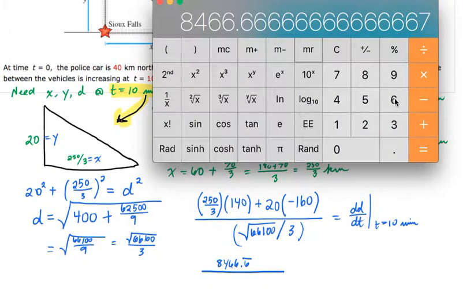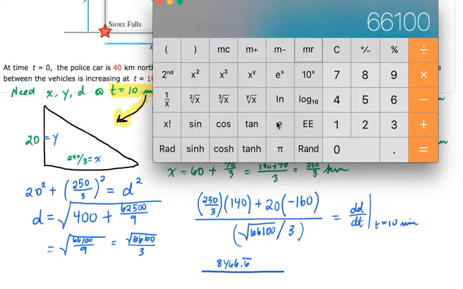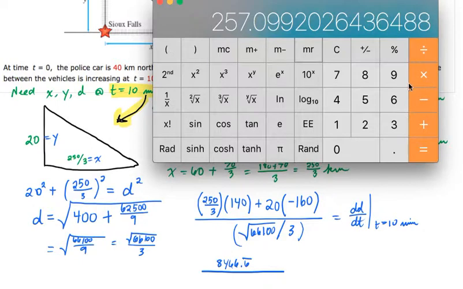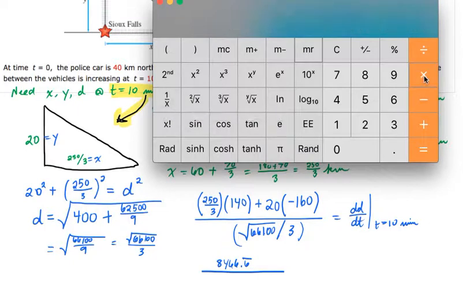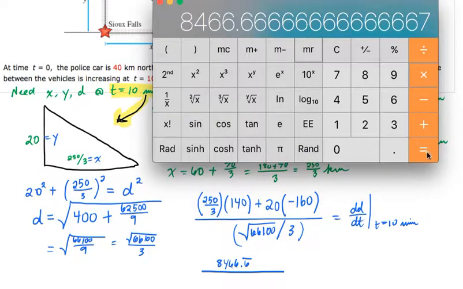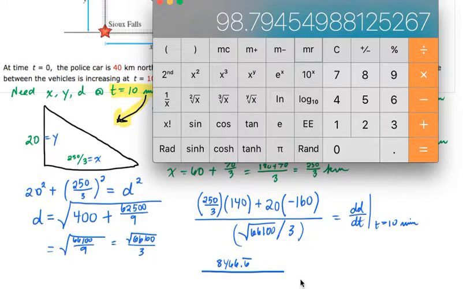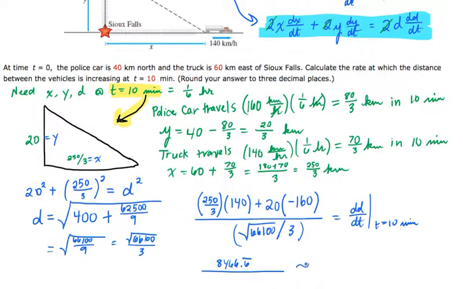So now I'm going to take 66,100, take the square root and divide that by 3. Now I need to put that in the denominator, so I'm going to do 1 over that, times our previous number, which gives me about 98.7945. And this should be in kilometers per hour.